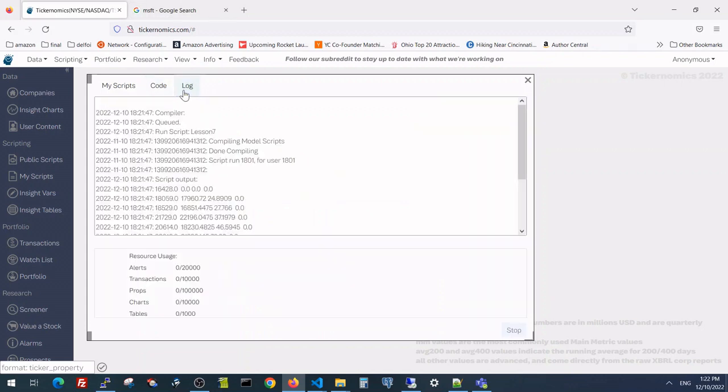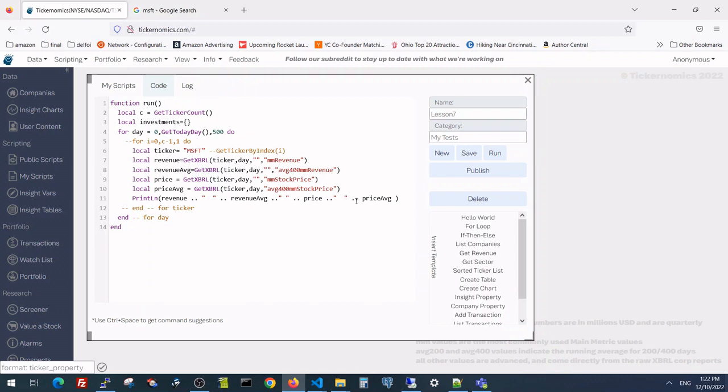Okay, so the only problem I see is the last number, which is price average. So average 400 stock price, something didn't work for this one.